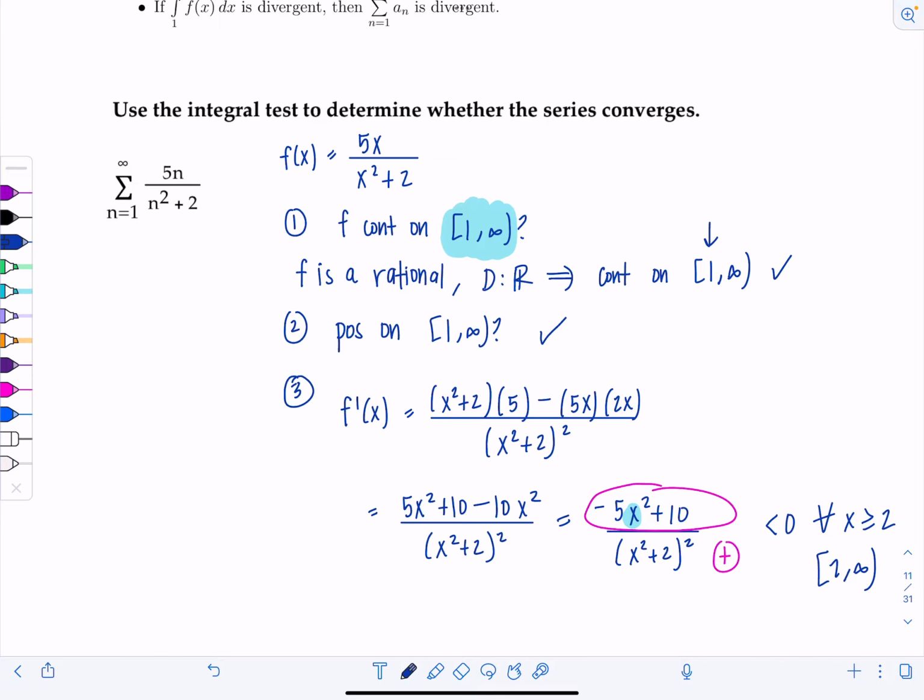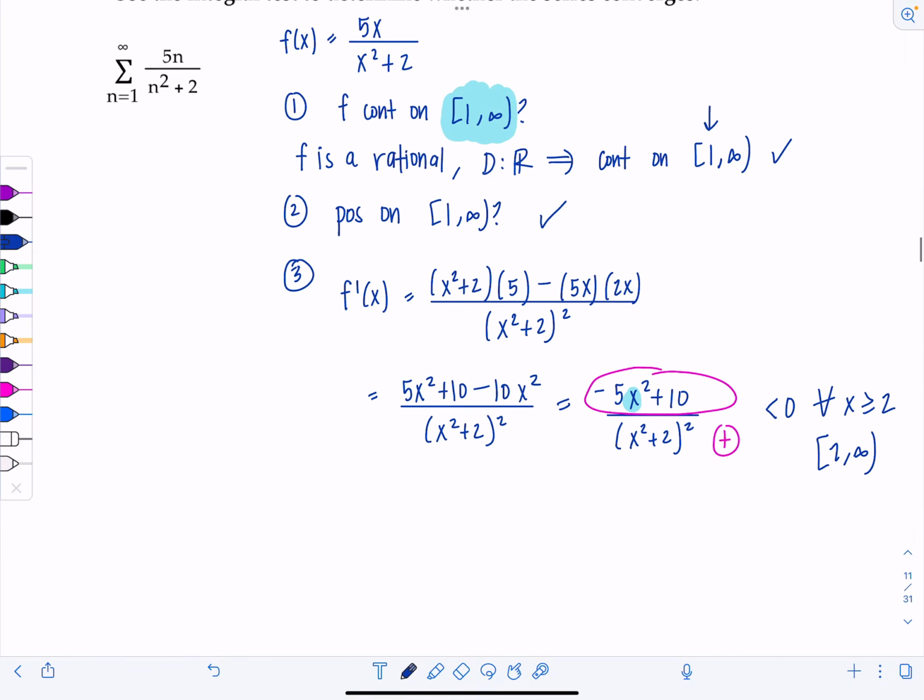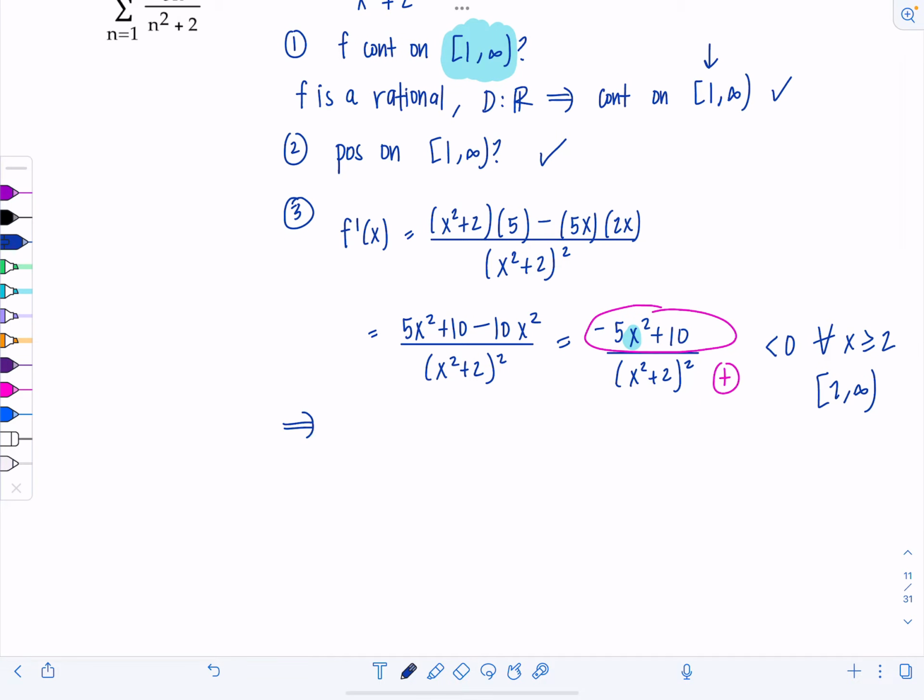So I wanted you guys to see an example where it's not increasing all the time, but it's eventually decreasing. Just for a hot second, it increases and then it starts decreasing. So that's good enough. Okay. Great. So we can use the integral test.